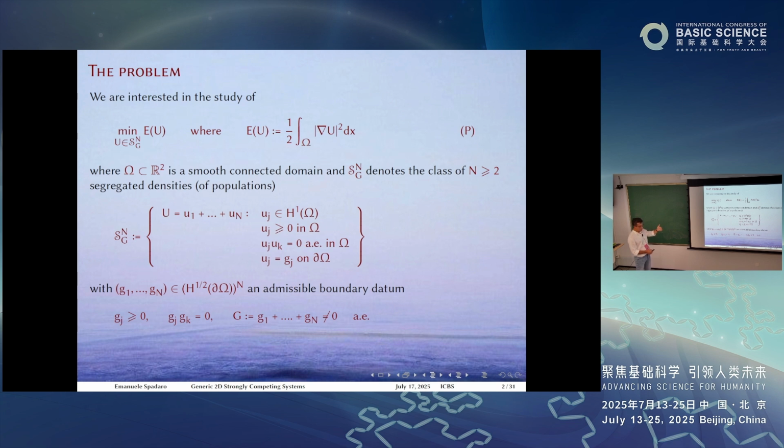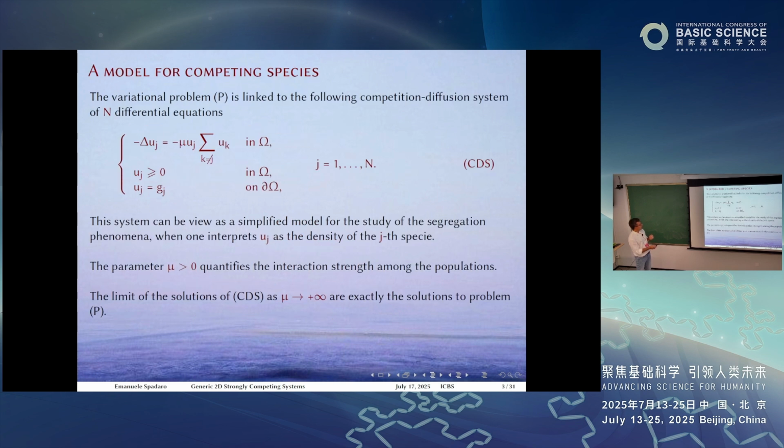We will come back to this model. To explain it, let me tell you where these models come from. You can see this model as a singular limit of a competition diffusion system for different species living in a two-dimensional domain. So the system is a diffusion system, minus Laplacian of u_j. Each u_j can be interpreted as a density of a species.